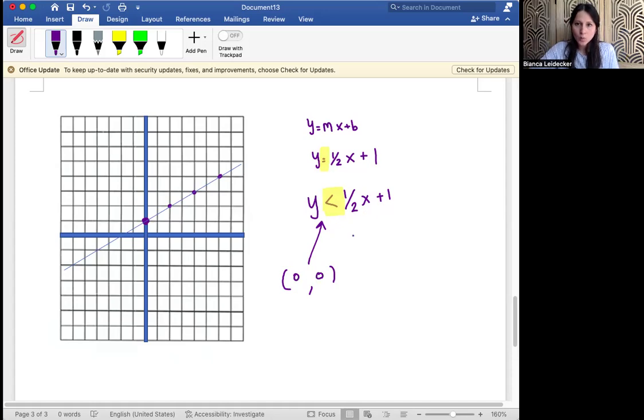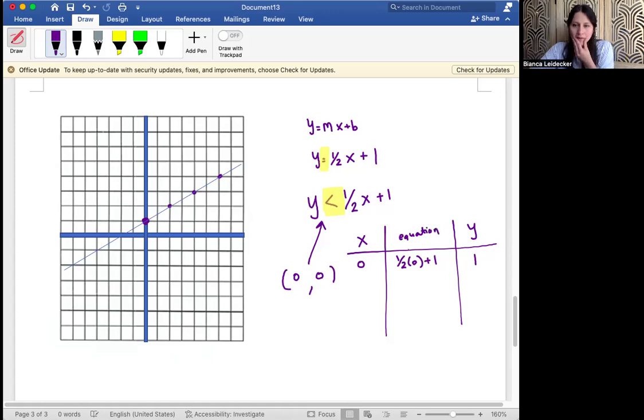If I were to create a chart, I might have my x and then my y. If I input 0, 1/2 times 0 plus 1 would equal 1. So this is the actual equation or the inequality here. We have to see, is this ordered pair fitting within this inequality?